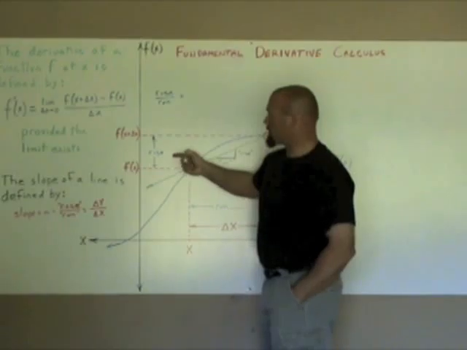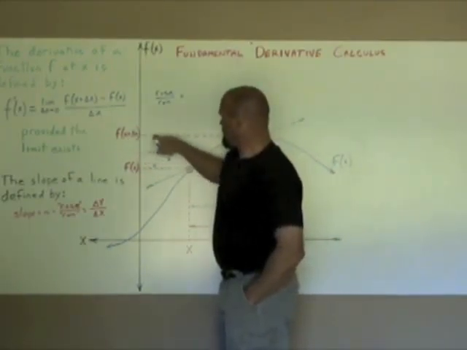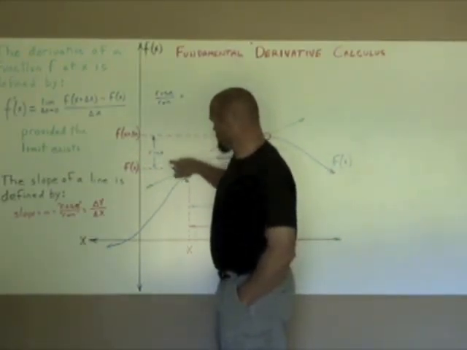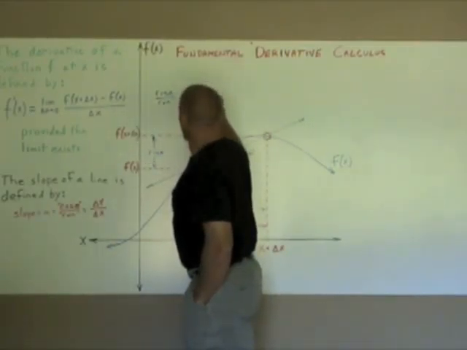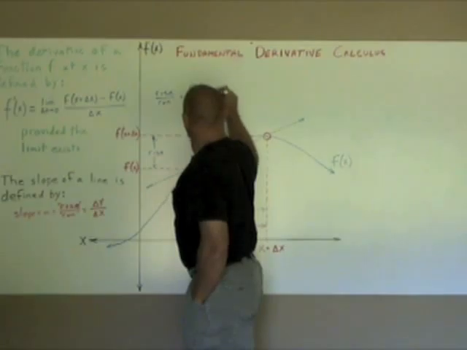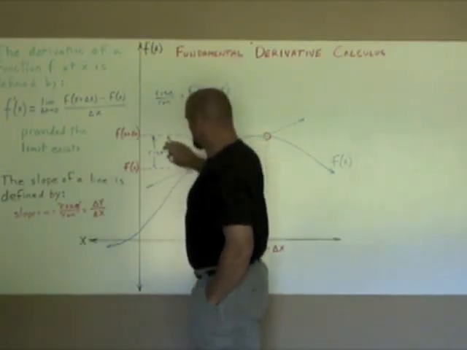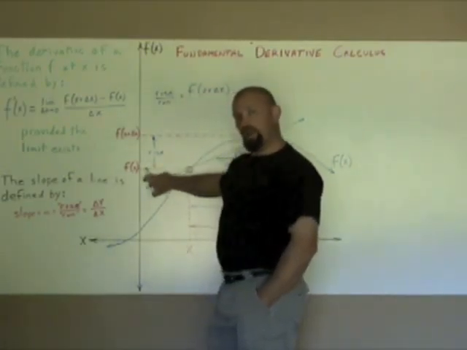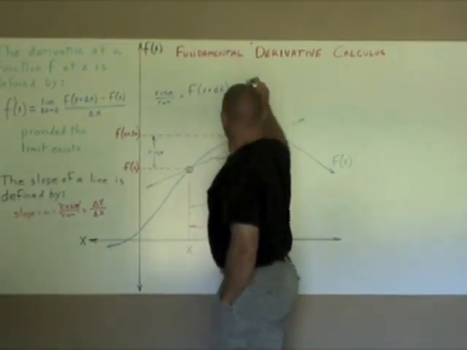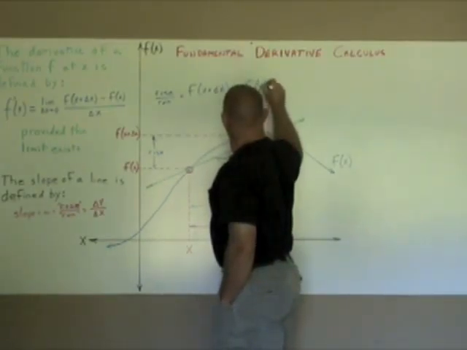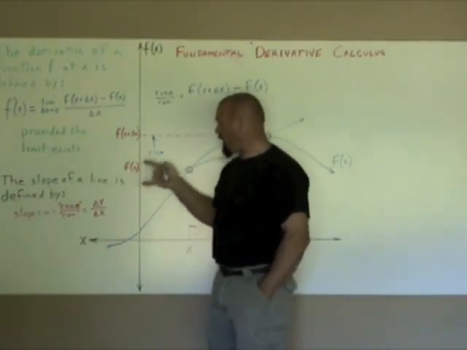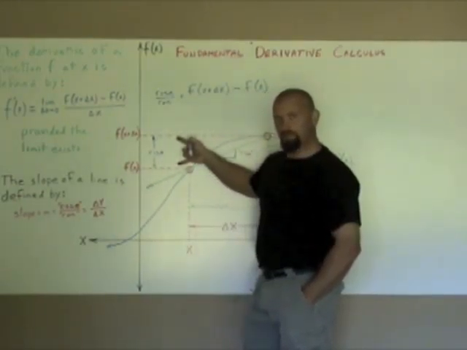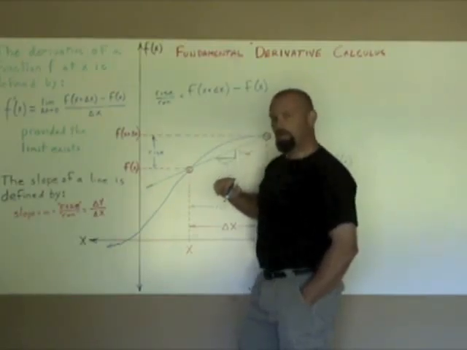The rise we can show as this dimension subtracted from this dimension. Well, that is f of x plus delta x here, and we subtract f of x. If we come back to our definition of slope, that's a delta y, or a difference in y dimensions, shown right there with the math that we know.